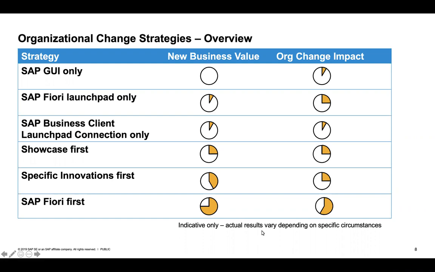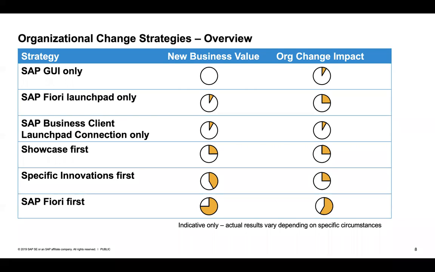This is a feel based on the feedback that we've got from customers who have tried different approaches. But you can see here, if you do SAP GUI only, you're really not going to get any new business value, or not very much, out of your S/4HANA system. I mean, some reports might run faster, but that impresses people for about 2 weeks and then everybody moves on.